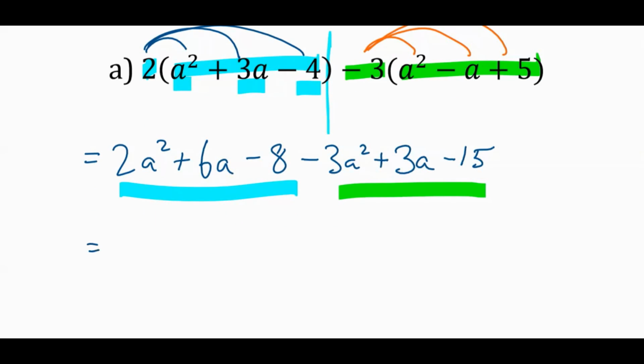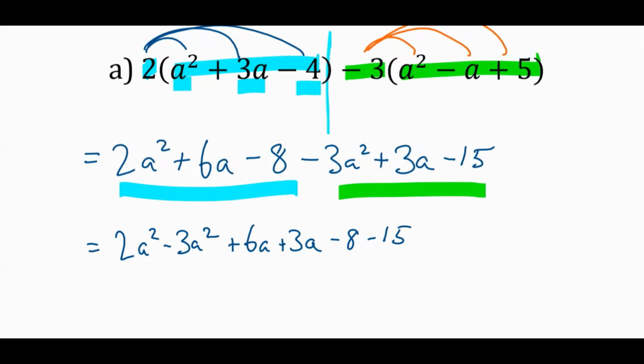And I'm going to add that step where I rearrange, putting the a squareds together, putting the a's together, so 6a and 3a, and putting the numbers together, and see how it starts to get more complicated.